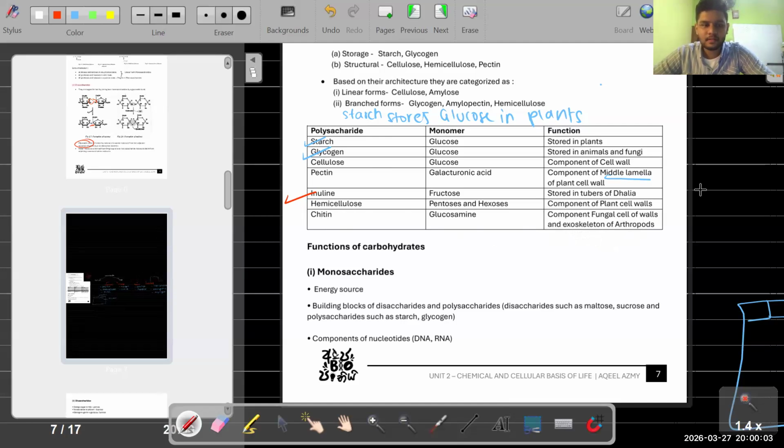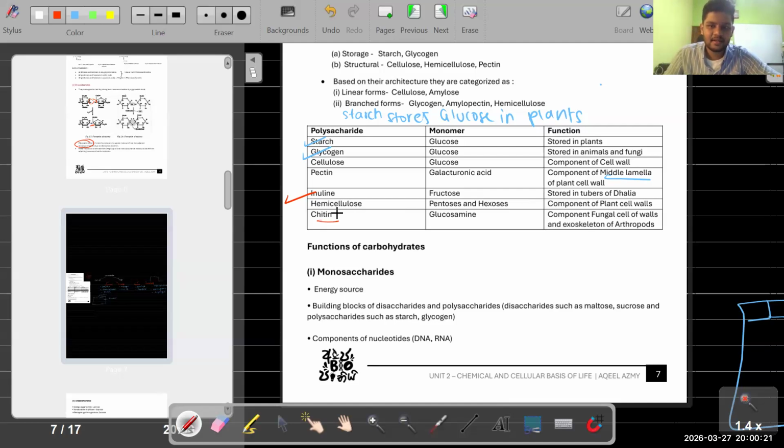If you can't remember, can you remember? Can or can't? Can. Right, very good. The exoskeleton of arthropods also contains chitin.